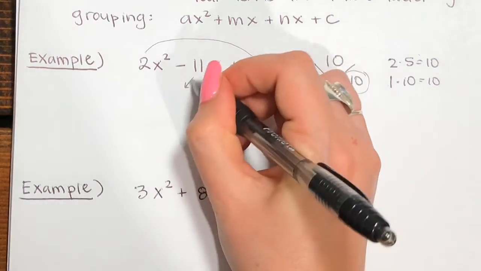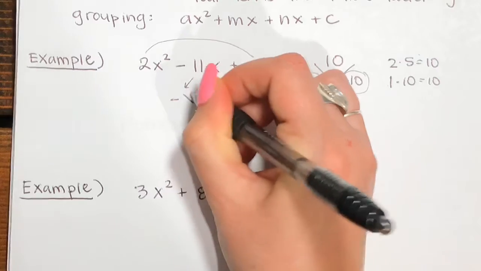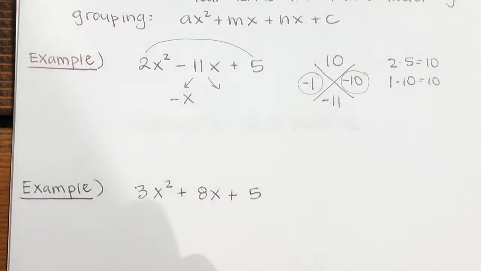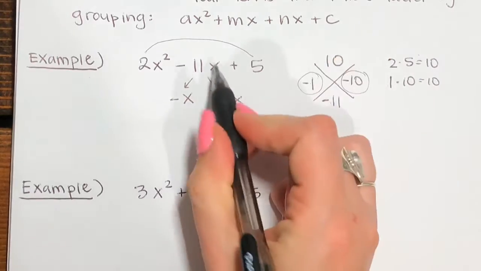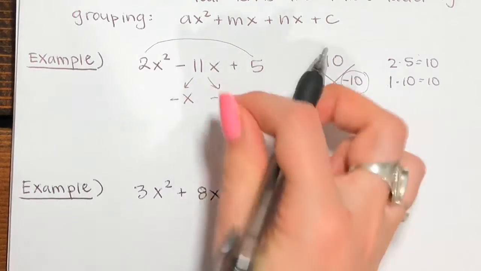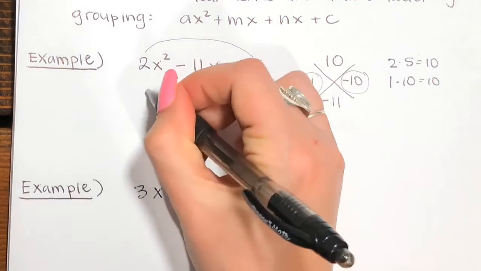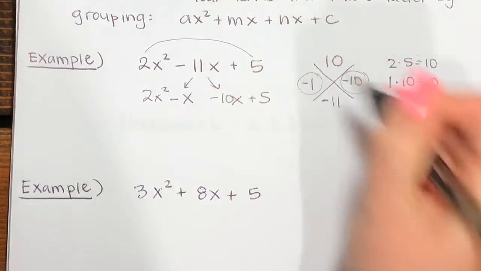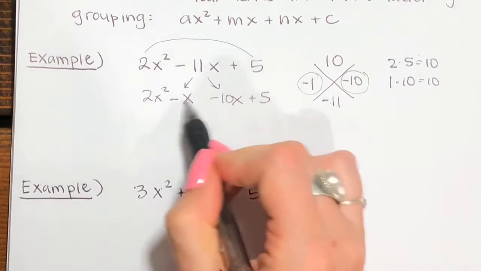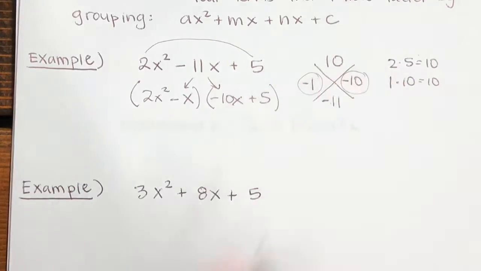So instead of having negative 11x, I'm going to write negative 1x, or just negative x, you don't need to write the 1, and then negative 10x, which is still the same as negative 11x's, right? It's just like we're splitting the pile into 2 smaller piles. We're going to keep the 2x squared in the front, and we're going to keep the plus 5 in the back. But now, by splitting that 11x into 2 new things, we have 4 terms that we can split into 2 groups of 2.